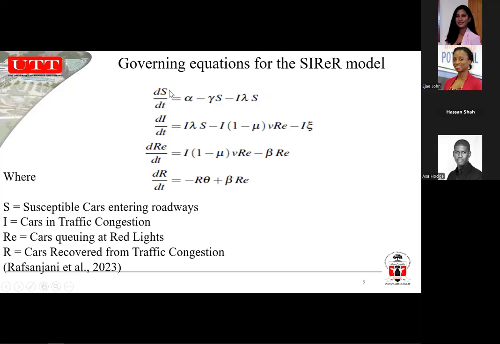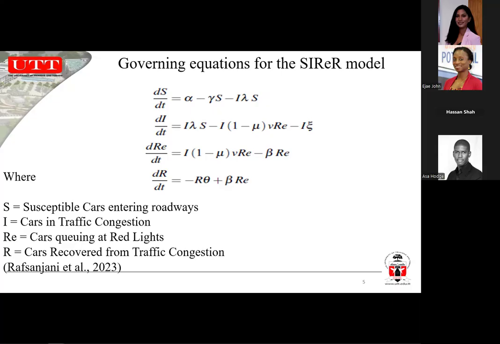The SIR model stands for susceptible, infected, and recovered. It is a model that is used to document the dynamics of biological diseases or viruses. However, over time, this model has been adapted to non-biological viruses.